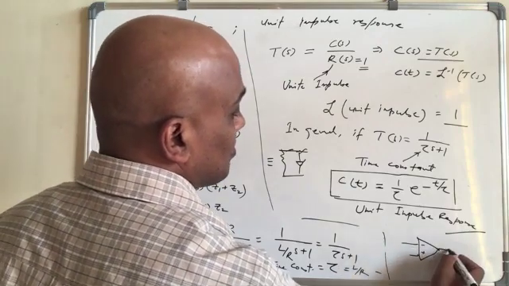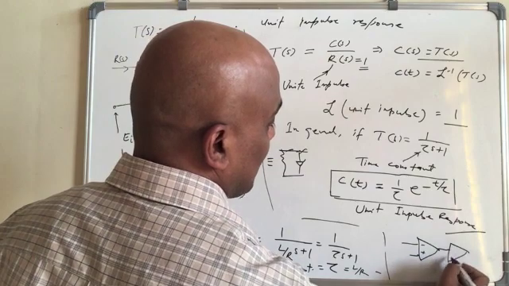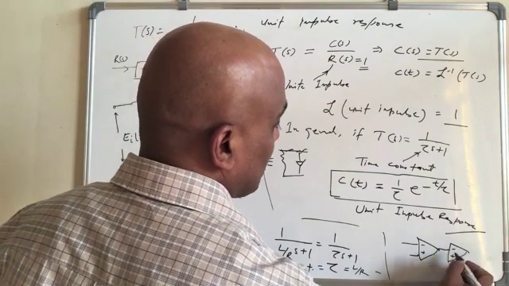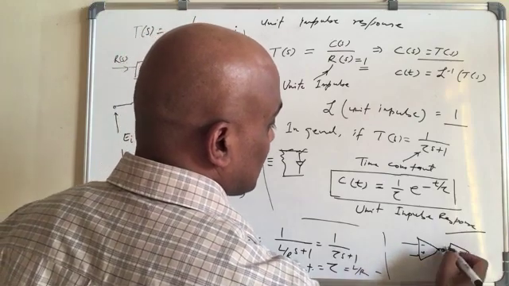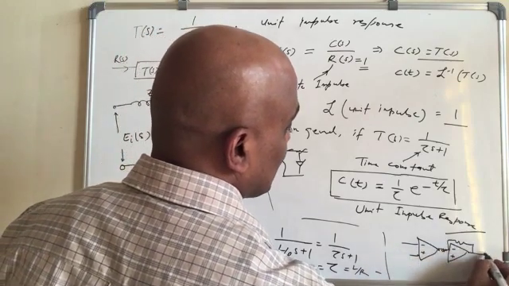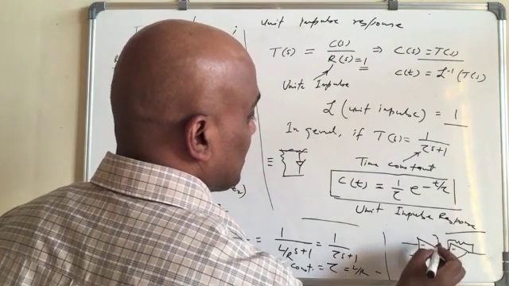So in an op-amp system, let us say you have something like this, minus, plus, one resistance here, equal resistance here, and here also.